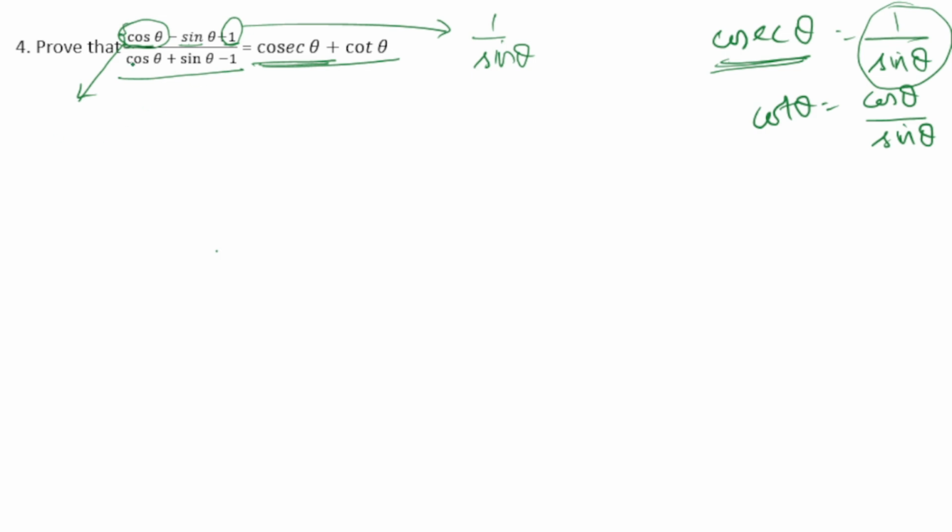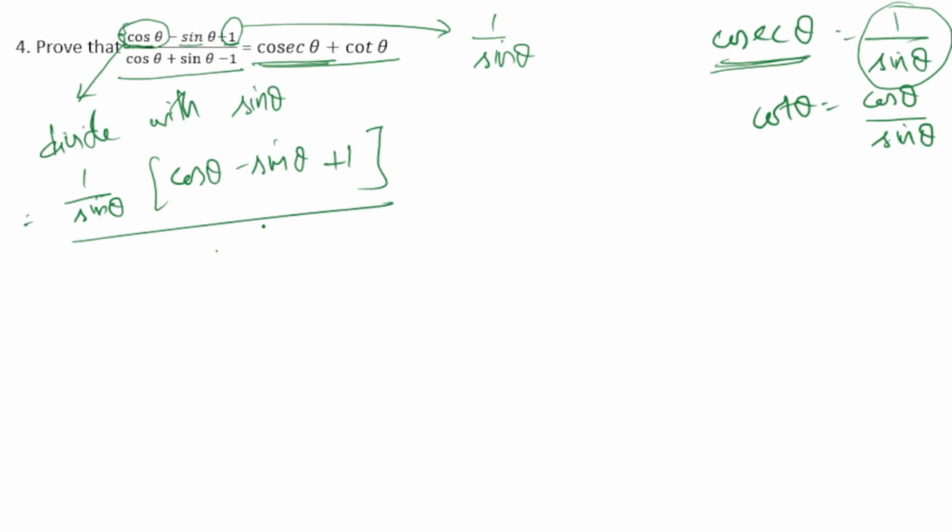So in the numerator and denominator, we will divide with sin theta. If we divide with sin theta, we'll get 1 by sin theta into cos theta minus sin theta plus 1 divided by 1 by sin theta into cos theta plus sin theta minus 1. So here we will multiply with every term.